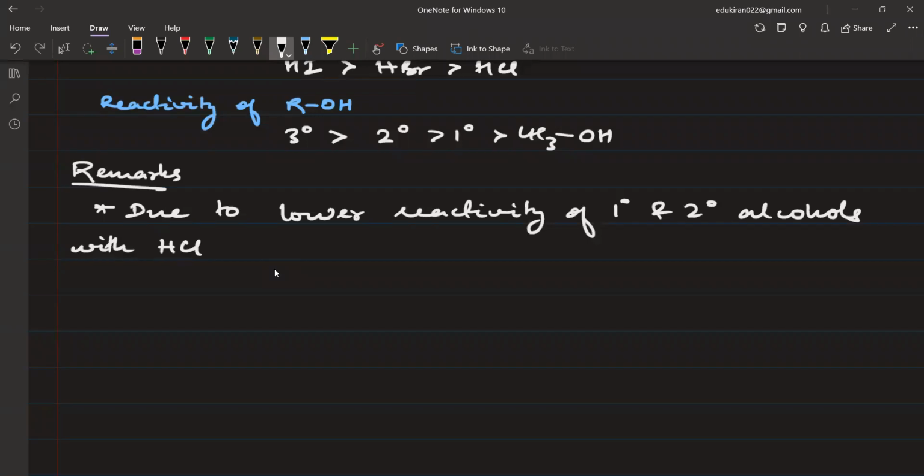As you can see here, 2 degree and 1 degree are slowest, and HCl is also slowest. So reacting slow with slow, it will be very slow. And because of the lower reactivity of 1 degree and 2 degree alcohol with HCl, anhydrous ZnCl2 is used. Anhydrous ZnCl2 is used as a catalyst.